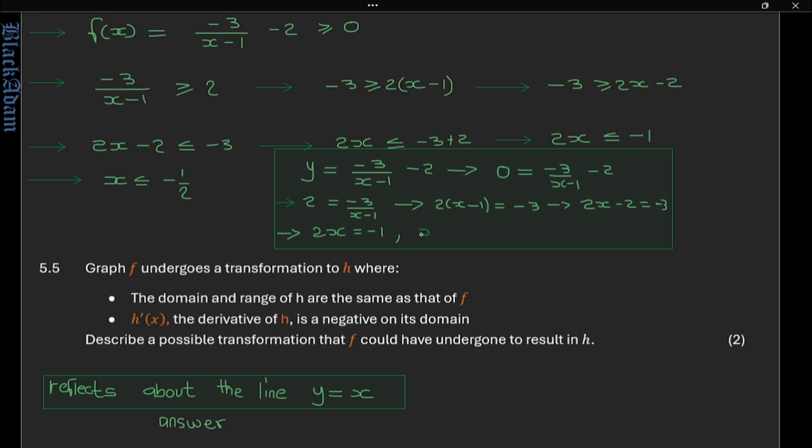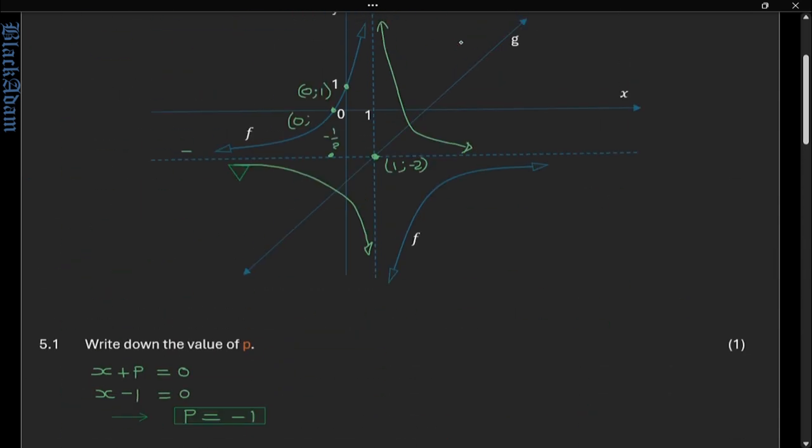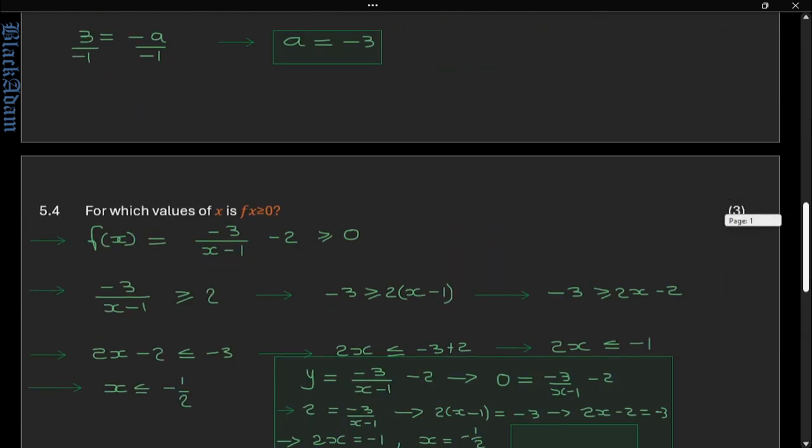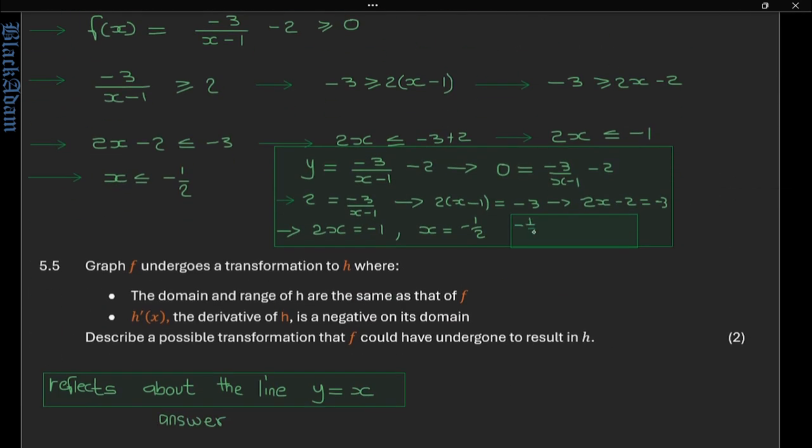So x is going to be negative 1 over 2. From there we conclude that it is from that point up to that point, so from negative half, less than or equal, to less than 1, because 1 is the vertical asymptote. So that's our answer.